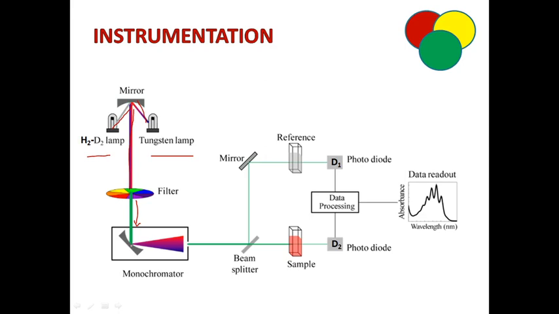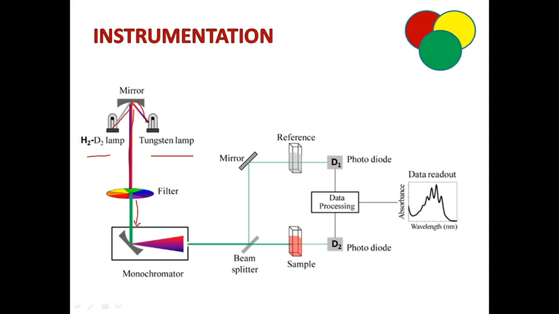That means different wavelengths get segregated as single wavelengths. Now we have converted polychromatic radiation into monochromatic radiation in this chamber.